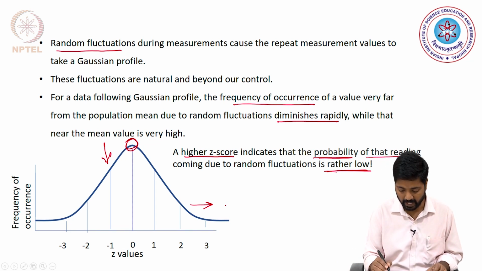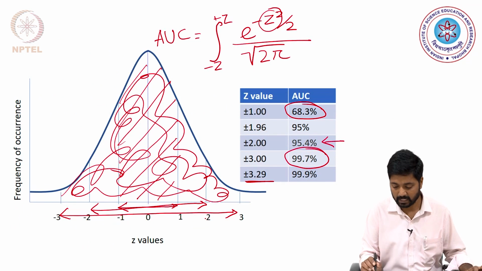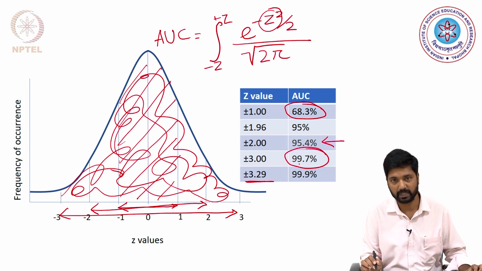So, if I have a z value of, say, plus 3, it is 99.7% not likely to be coming due to random fluctuations.